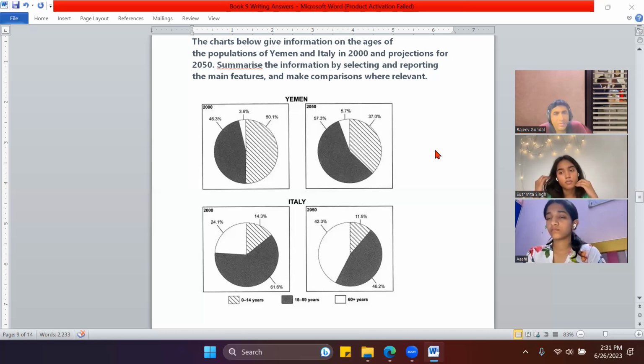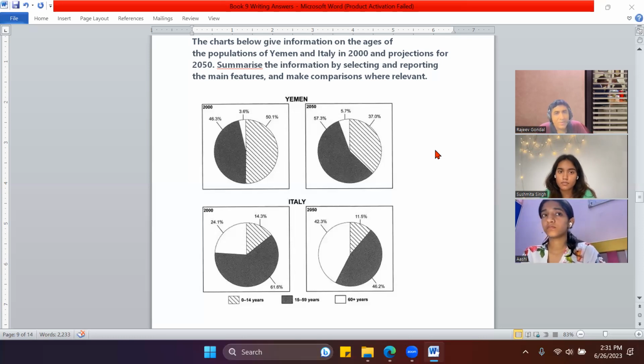Yes. So you talk about one graph at a time. You start with Yemen, and in Yemen also you start with the largest proportion. So you can say that the largest component or the largest portion of the population was from the age group of young people of 0 to 14 years, so you can use these kinds of phrases, closely followed by 15 to 59 years, which constituted almost 56%.